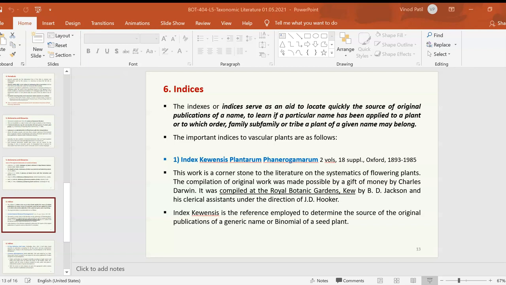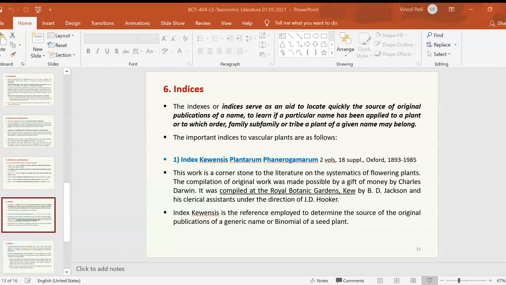If you want to trace the word phyllotaxy, it will be easier to find it from the index where the page numbers will be given. So this will be handy material as the indices.